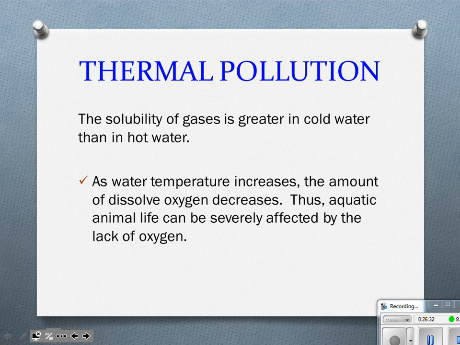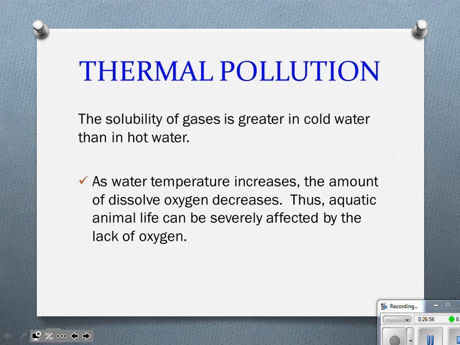So, think about it. If I have higher water temperatures, how's that going to affect the amount of oxygen dissolved in it? Water temperatures are up. What about the oxygen dissolved in it? It'll be lower. It'll go down.